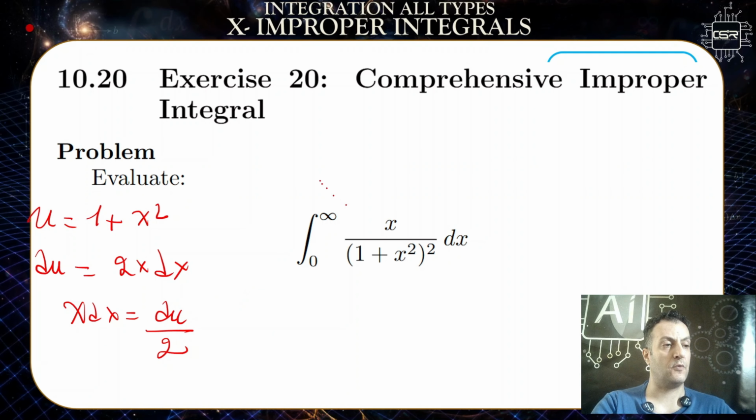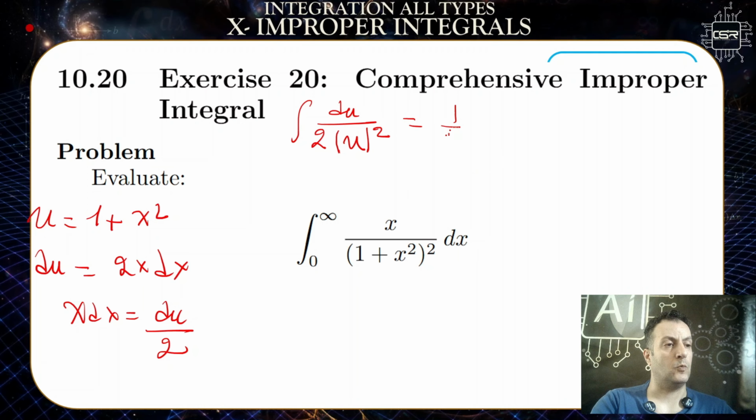So if we want to solve it as a normal integral, the integral of x dx is du divided by 2, and in the denominator, 1 + x^2 is u, squared.